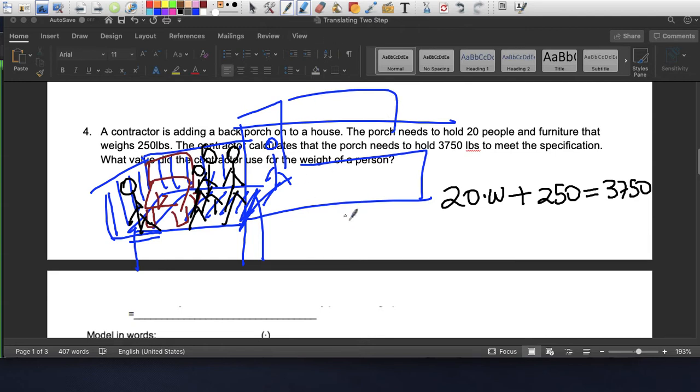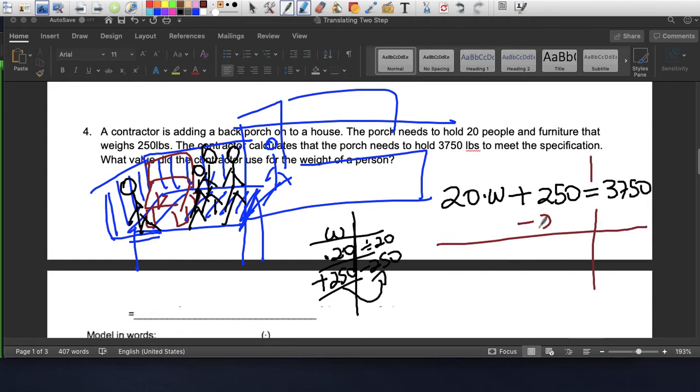Sorry about my drawing. Here's my variable W, which is being multiplied by 20 and then added to 250. Going backwards, it's minus 250 and then divide by 20. First we get rid of the 250: minus 250 here, minus 250 here.